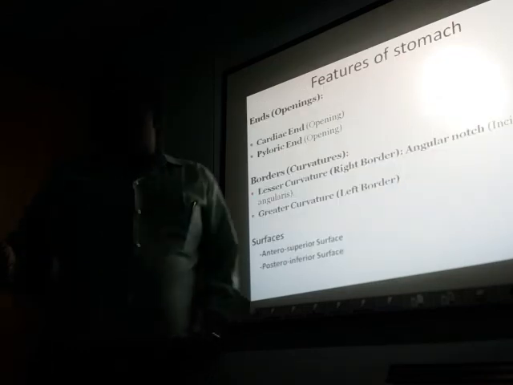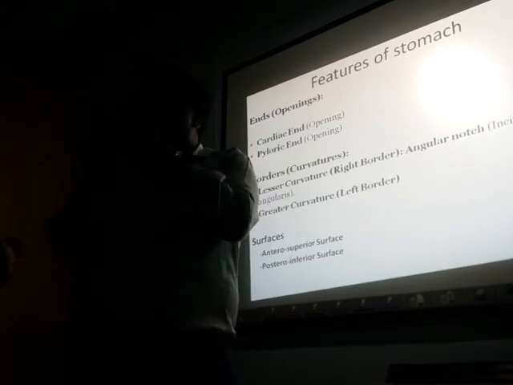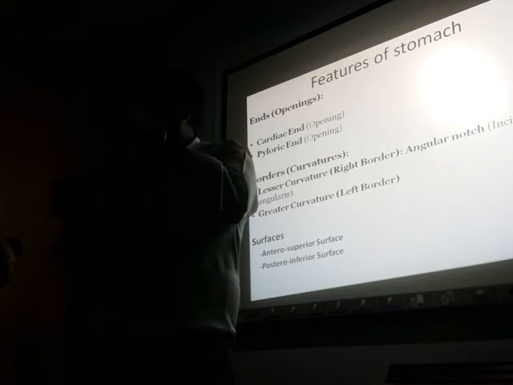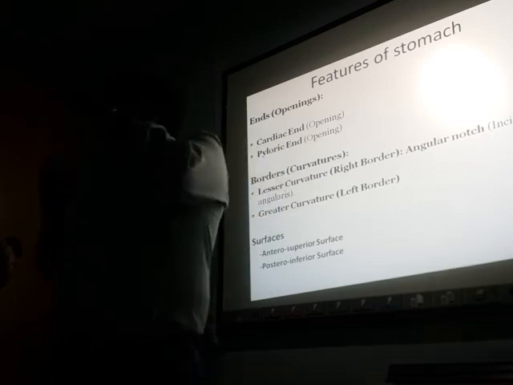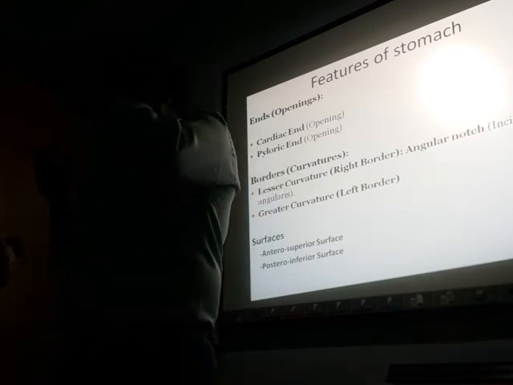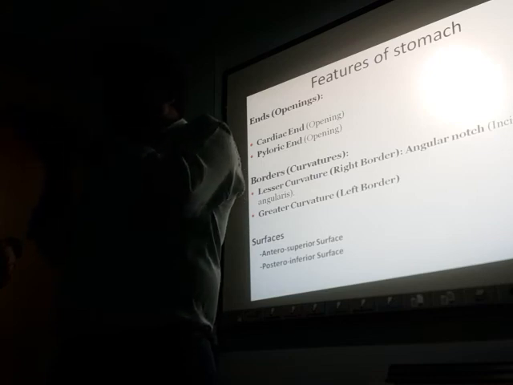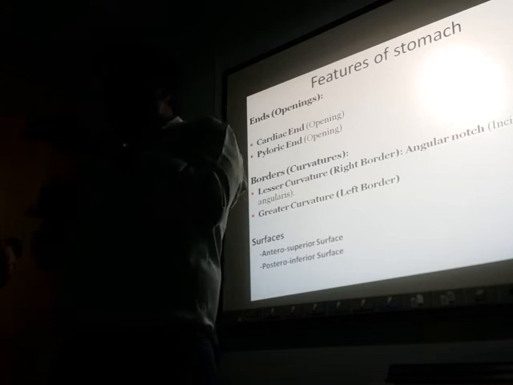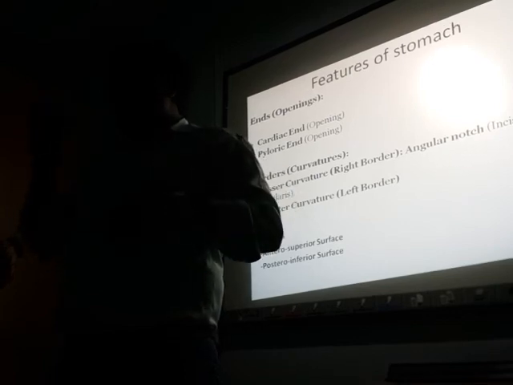It is a functional sphincter. Why? Because you don't find any thickening of the circular muscle fiber. When you observe the pyloric end, there is definite thickening of the muscle fiber, so anatomically a sphincter is there. But at the lower end of the esophagus you don't find it. Still, the tone is always there, even at rest. That itself keeps the opening closed, preventing regurgitation from the stomach into the esophagus.